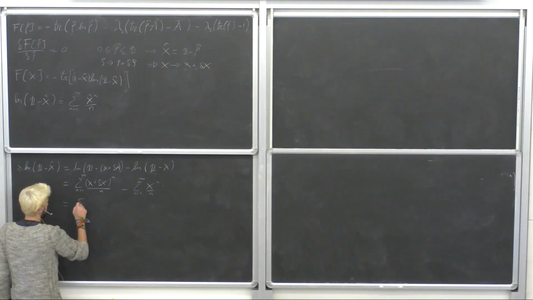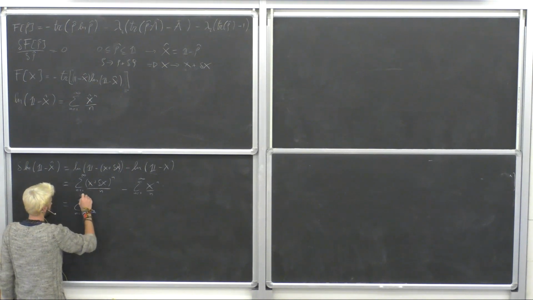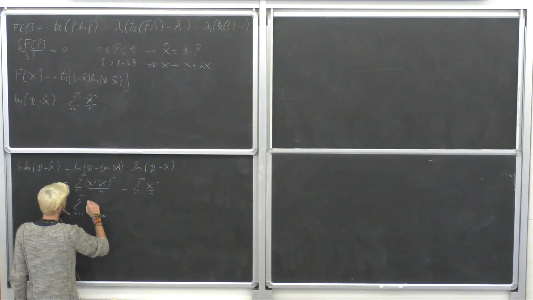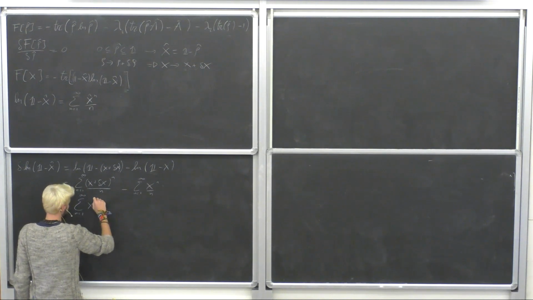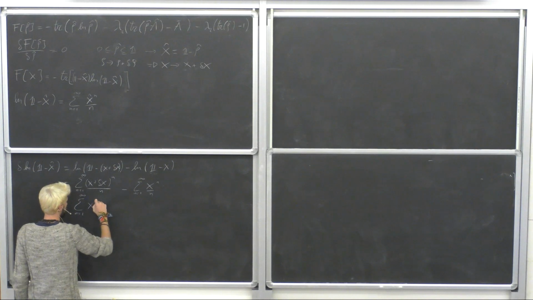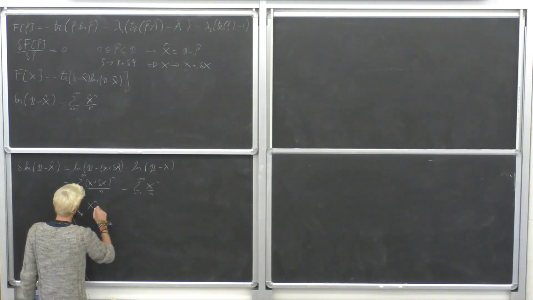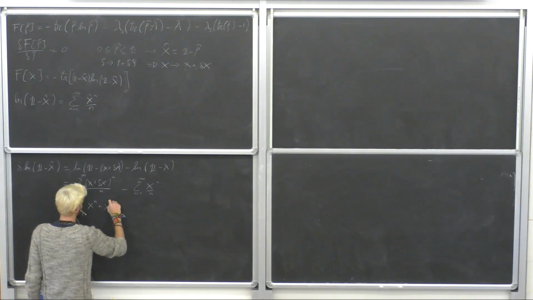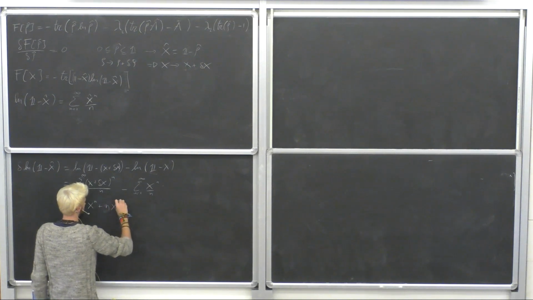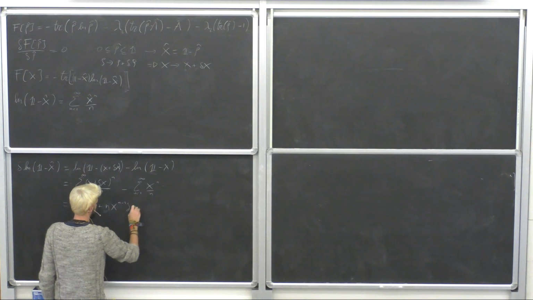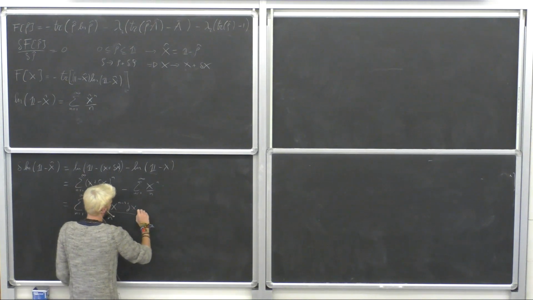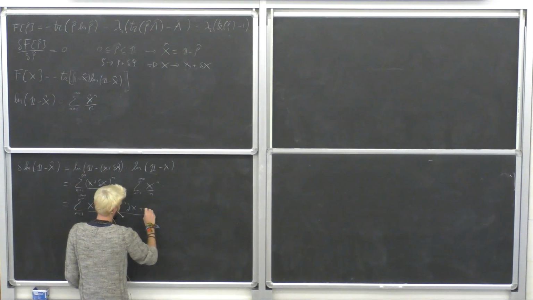So this is just the sum from n equal 1 to infinity, and this we have x to the n plus n x to the n minus 1 delta x, plus higher order.